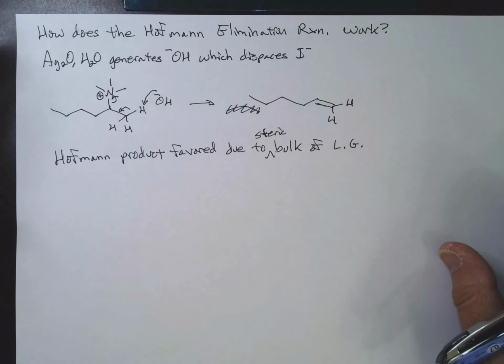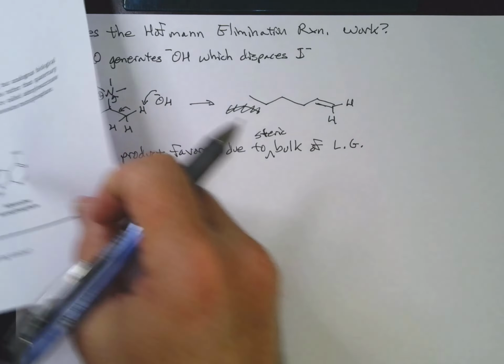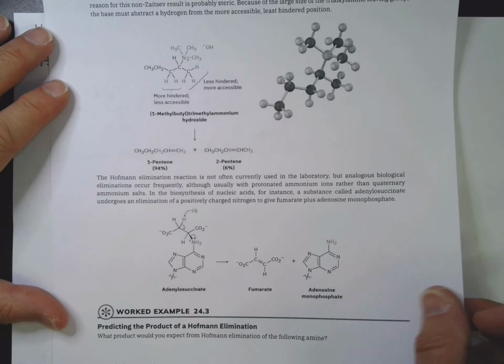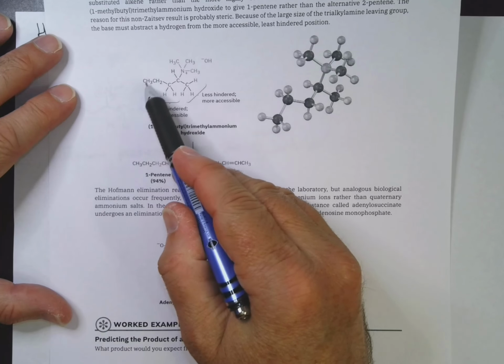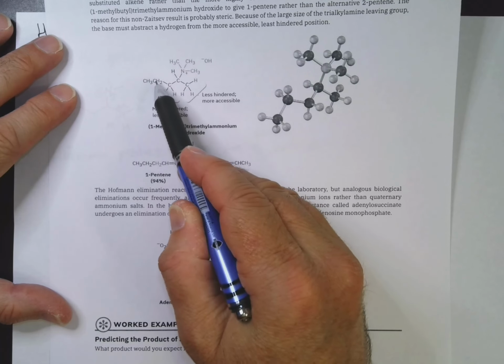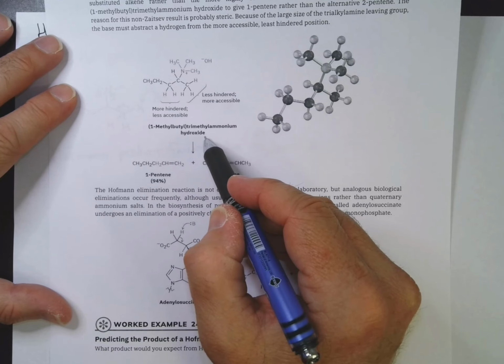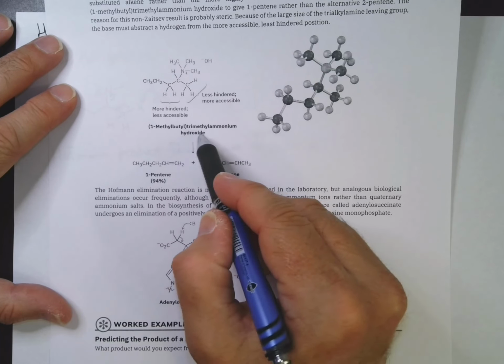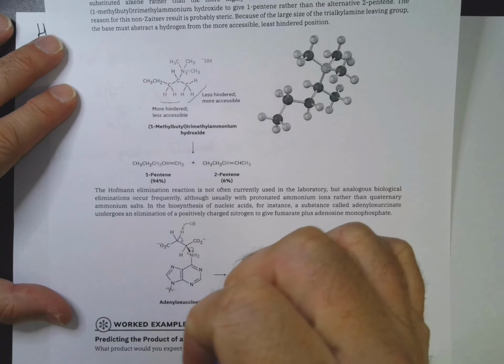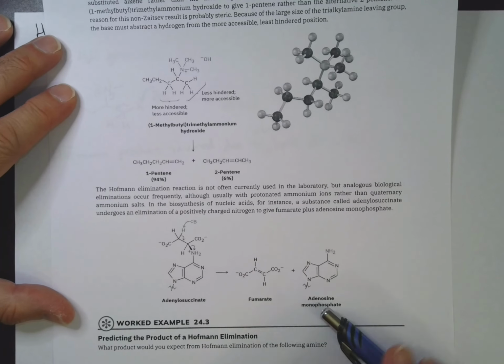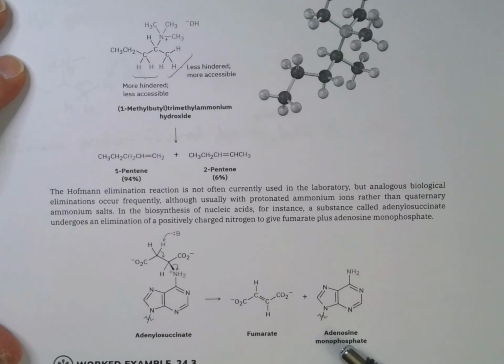Well, here we have a bulky leaving group. So it'll look something like this, where here's our 1, 2, 3, 4, 5. This is actually 1-methylbutyl. Well, this is the intermediate here, the trimethyl ammonium salt here. And you can see, maybe I need to zoom in just a little bit. Hold on here.